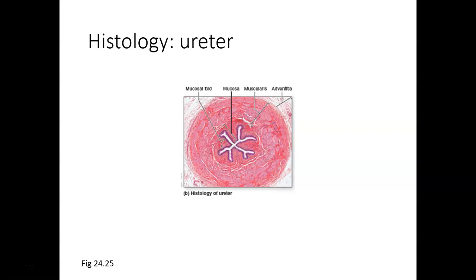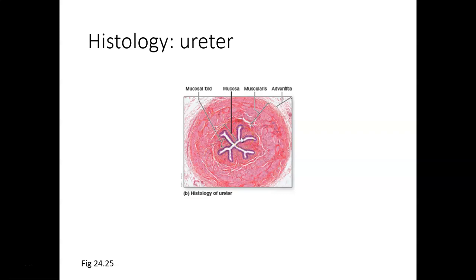When you collect the tissue, it's all empty, so the lumen collapses. But if you can imagine when it's full of urine, transporting urine from the kidney to the urinary bladder, this mucosa should be stretched out, right?